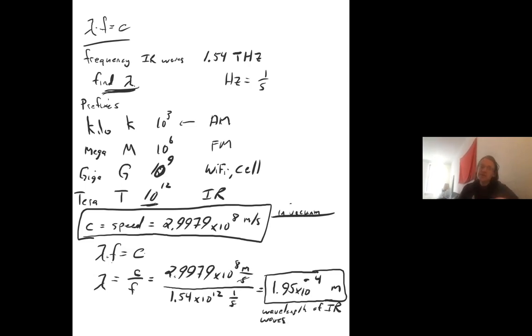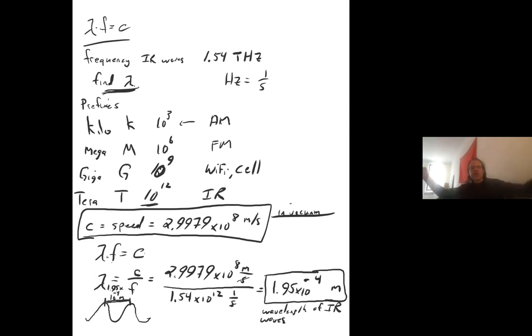Now that's pretty small, right? What that means is if you were to measure these infrared waves, the distance between 2 adjacent peaks right next to each other is 1.95 times 10 to the minus 4 meters. That's pretty small, right?